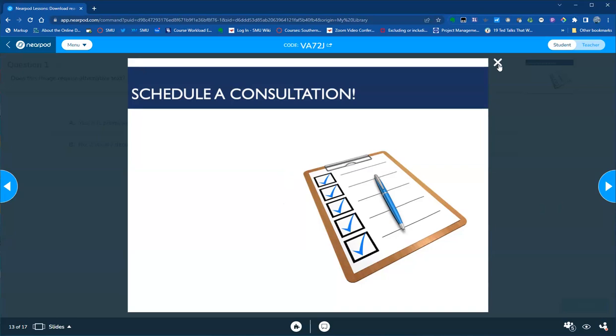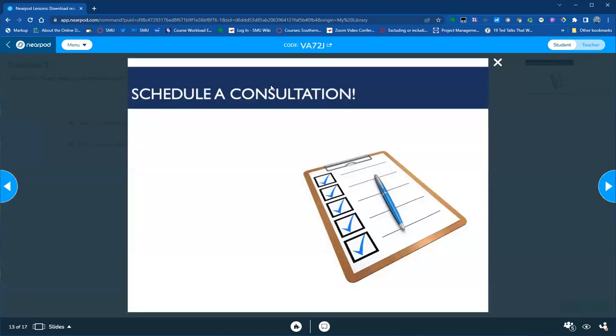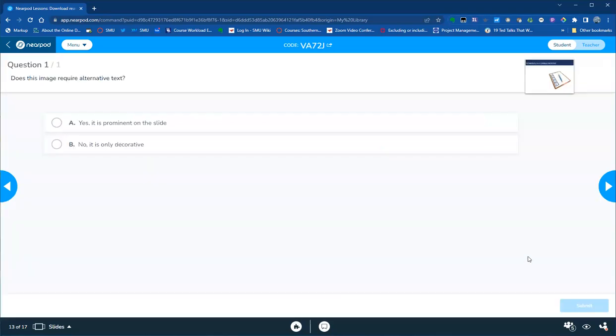But as a functional image, does it require alt text? This is that answer of, yes, it does, because it's telling us what to do. And that schedule a consultation is words, and this is part of the button. So if this whole thing is a button, then we have to know what those words are saying, so we know whether or not we want to push the button.